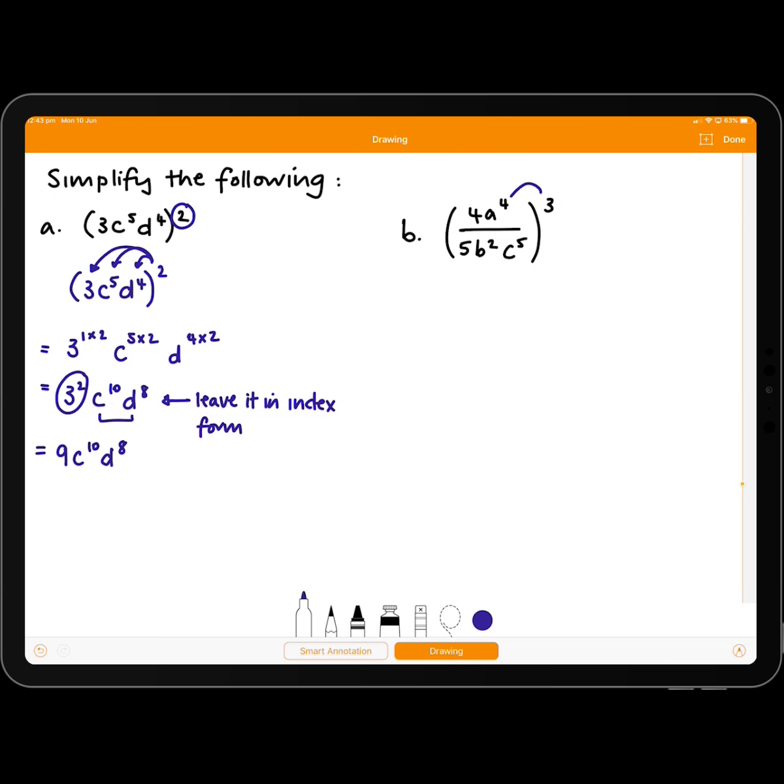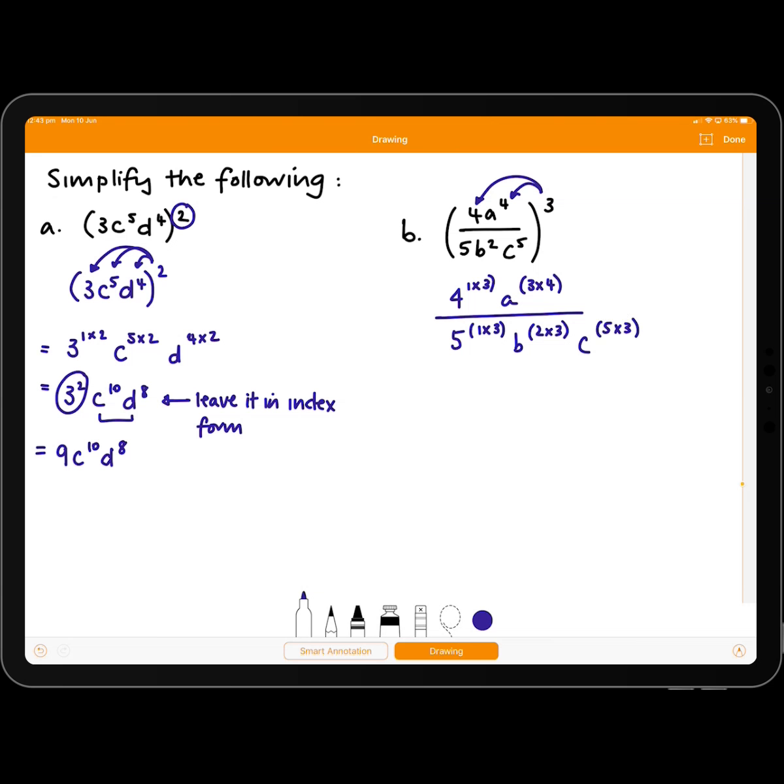So if I'm going to multiply it, what I'm going to have is 4 to the power of 1 times 3, then a to the power of 4 times 3, and 5 to the power of 1 times 3, b to the power of 2 times 3, and c to the power of 5 times 3.